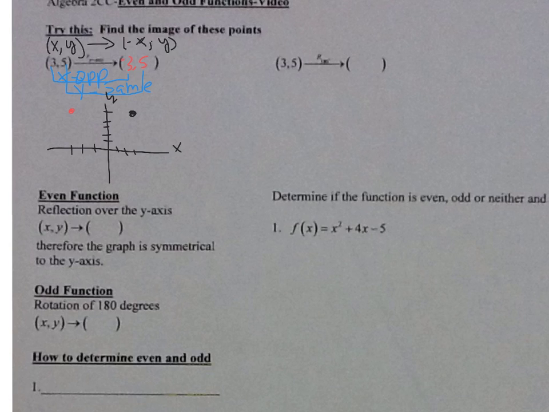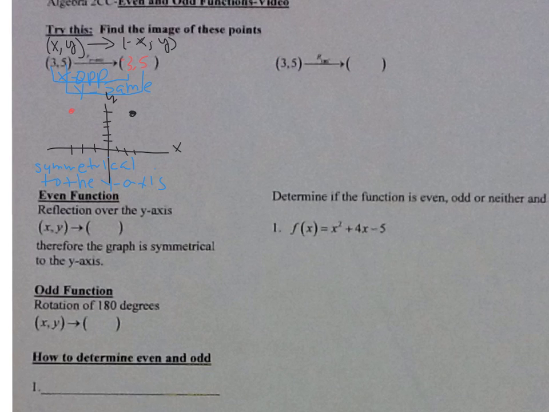It's a mirror image. So that's something that we have to remember. So this is symmetrical to the y-axis.